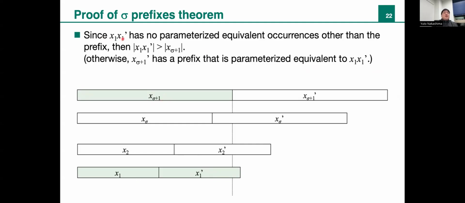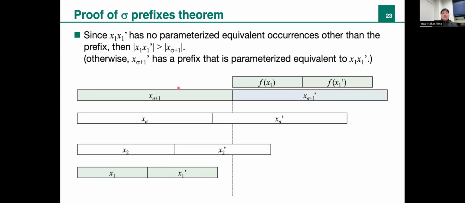Because x1 x1' has no parameterized equivalent occurrence other than the prefix, the length of this parameterized square is longer than the root of this parameterized string, so this equation holds.